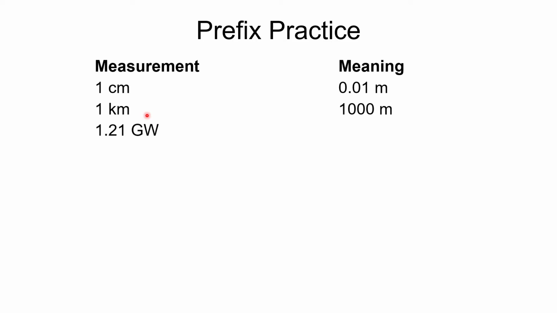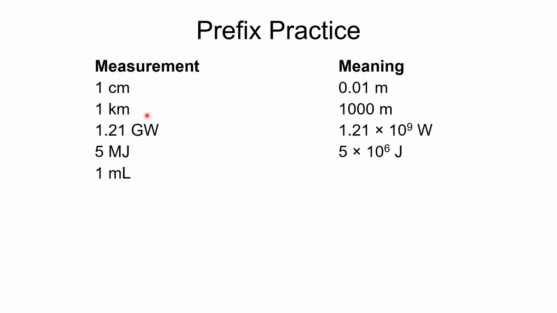1.21 GW. Well, W is watts, and G is giga, and giga is 10 to the 9. So 1.21 times 10 to the 9 watts. 5 MJ, and for 5 MJ, M is mega, and J is joules, and so that would be 5 million joules, which is 5 times 10 to the 6 joules. 1 ml, and that's 1 milliliter.